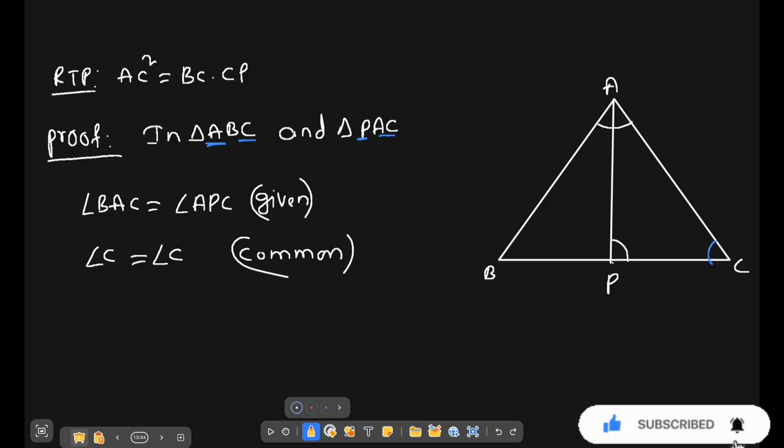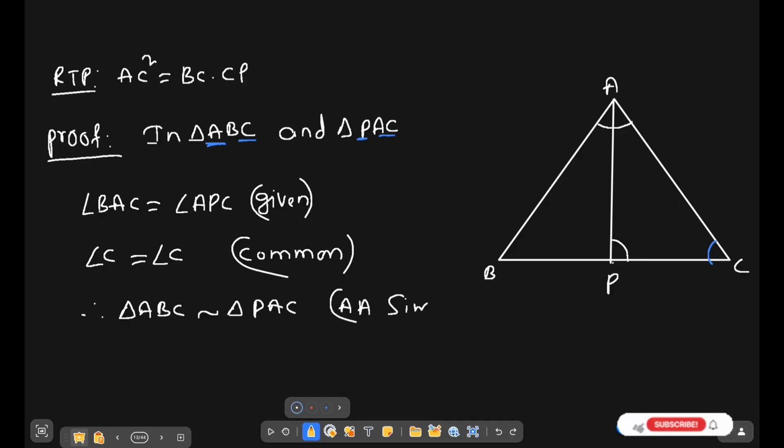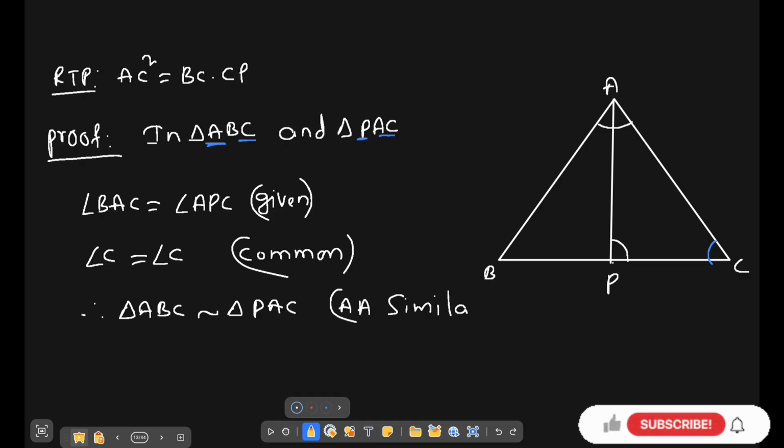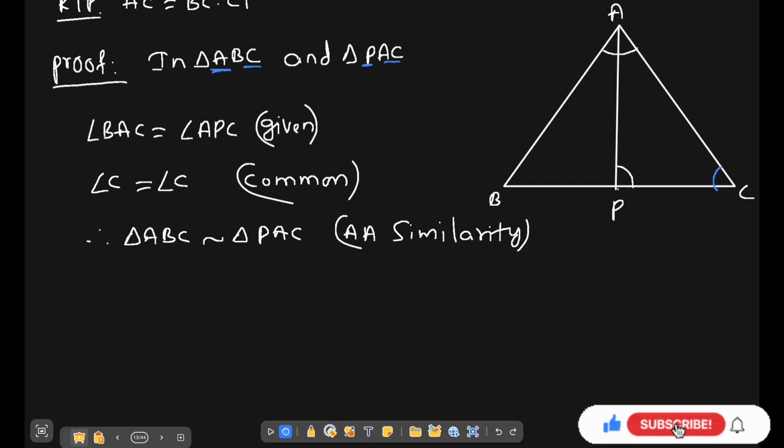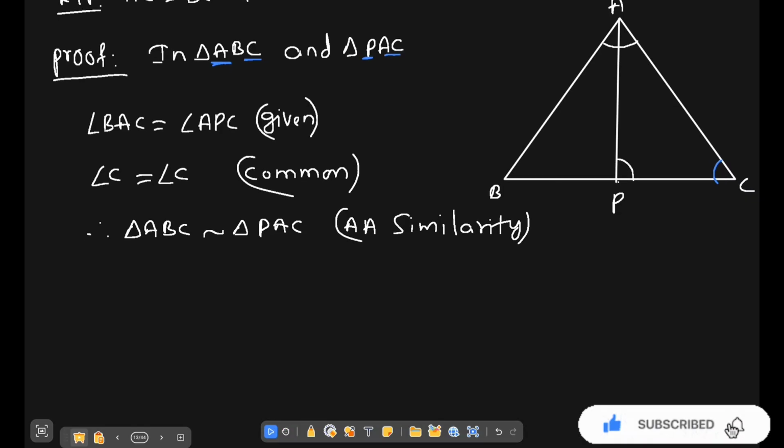Therefore these two triangles are similar by AA similarity. Therefore we can say that triangle ABC is similar to triangle PAC by angle similarity. When these two triangles are similar, their corresponding sides are proportional, right?